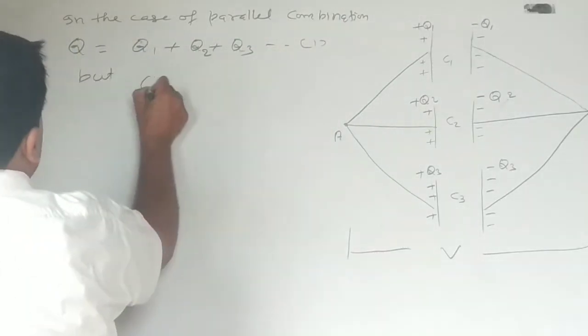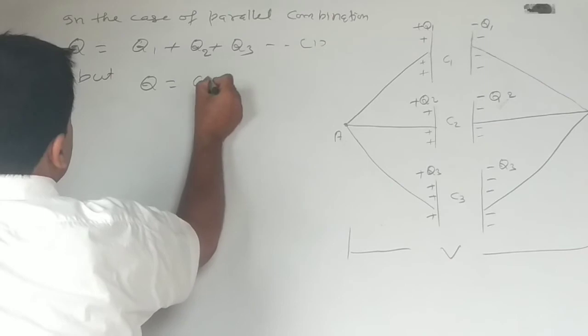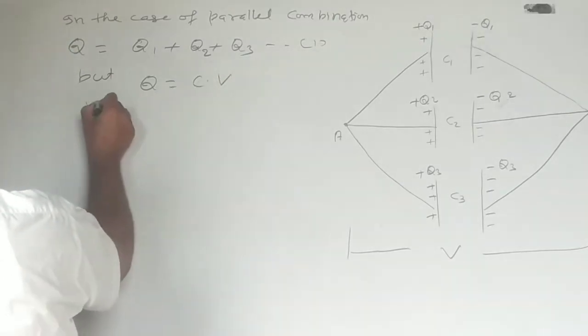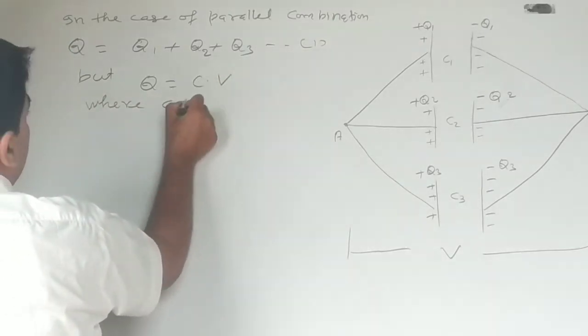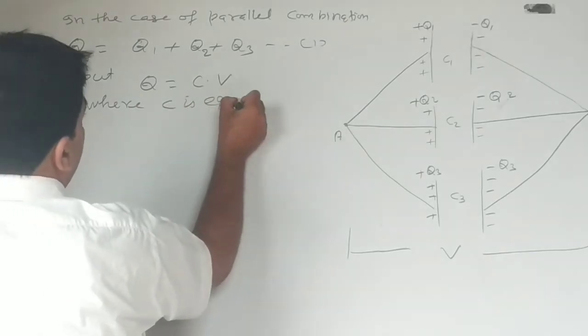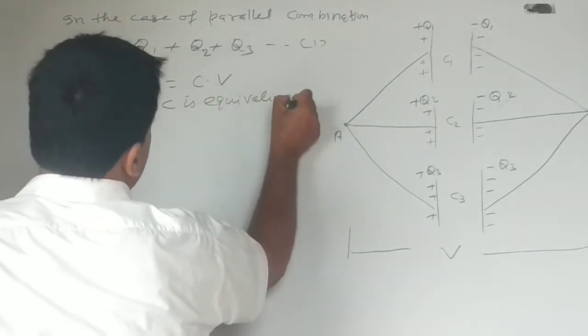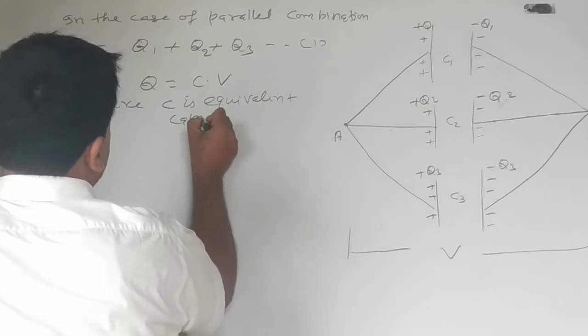But Q is equal to C into V, where C is the equivalent capacitance.